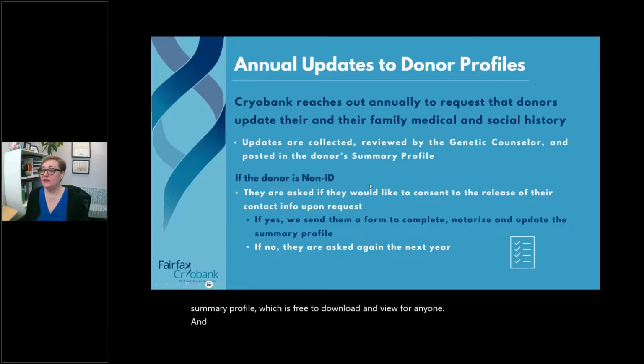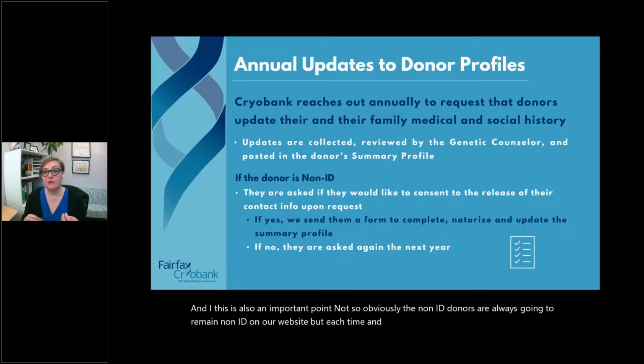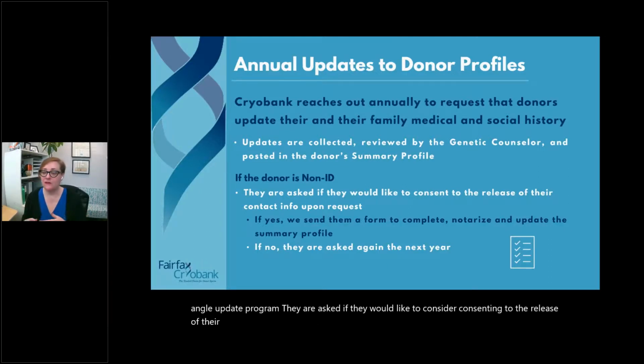This is also an important point. The non-ID donors are always going to remain non-ID on our website, but each time a non-ID donor gets the prompt to go into the annual update program, they are asked if they would like to consider consenting to the release of their identifying information upon request by an offspring.